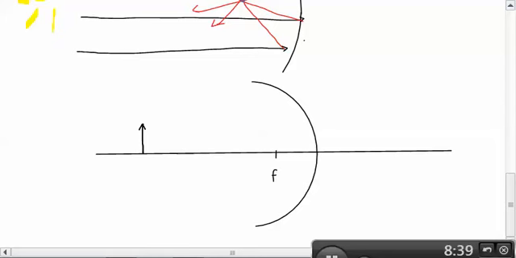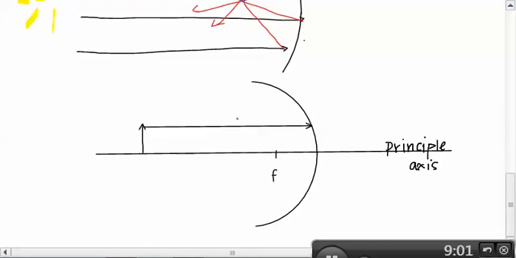The first one, we're going to look at a ray similar to one coming from the sunshine that is parallel to the diameter, or the principal axis, if you want to call it that. So that's the incident ray.